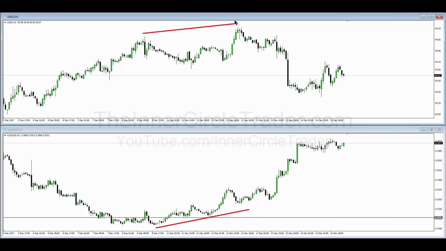We can see the higher high in the dollar index. We should see a lower low in the Aussie dollar. We don't see that. So that means we have accumulation in Aussie dollar, distribution in the dollar index.